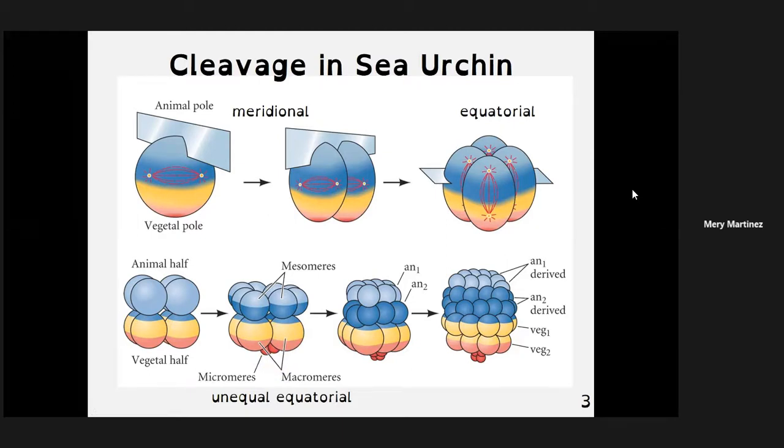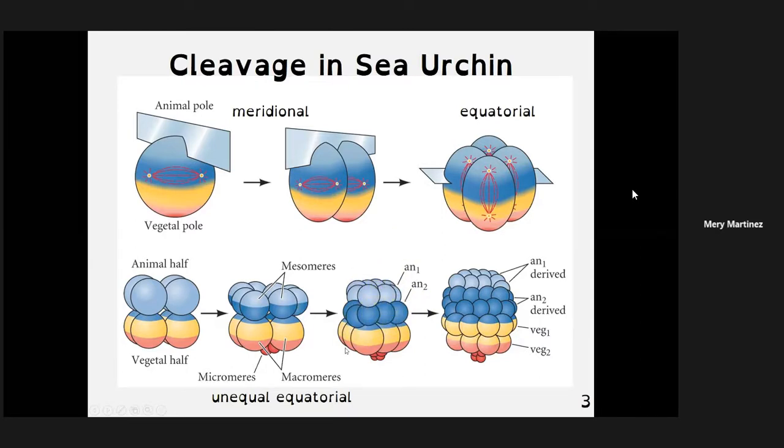Now, this is a 16 cell stage, right? So the 8 mesomeres will divide then equatorially. You see the fate maps in these ones with the color change, the pale and the darker blue. So that's the equatorial line where you're going to divide the 8 cells on top.